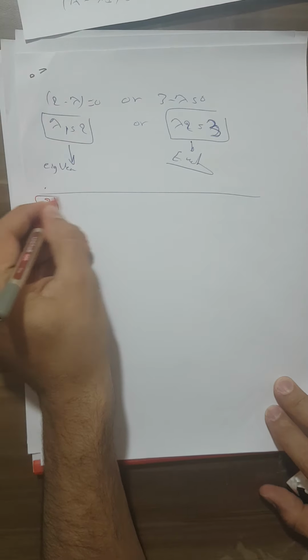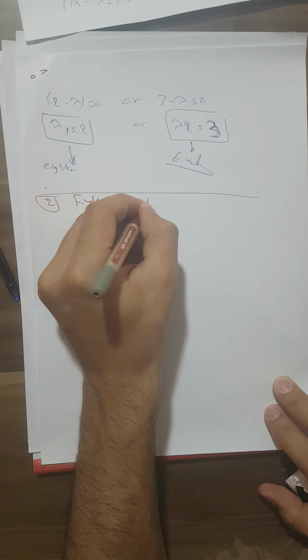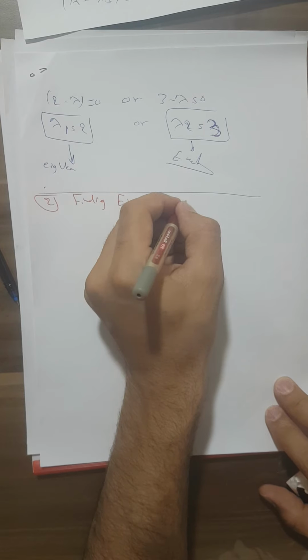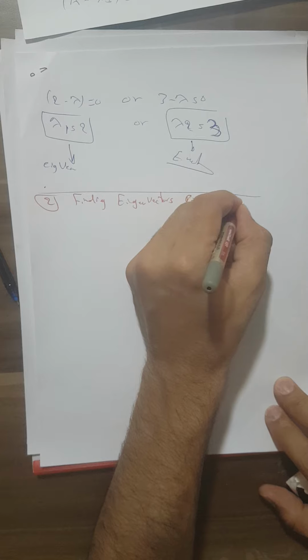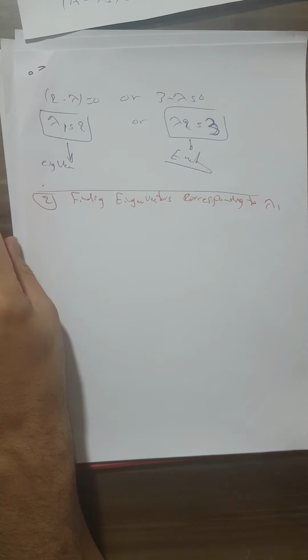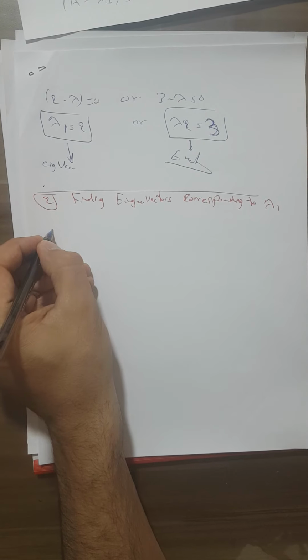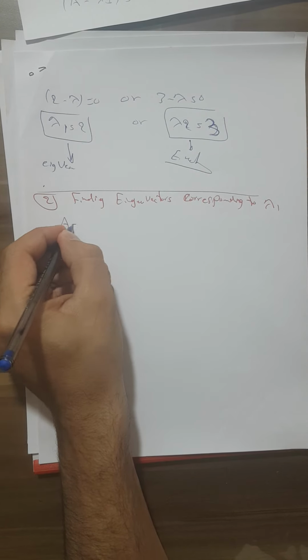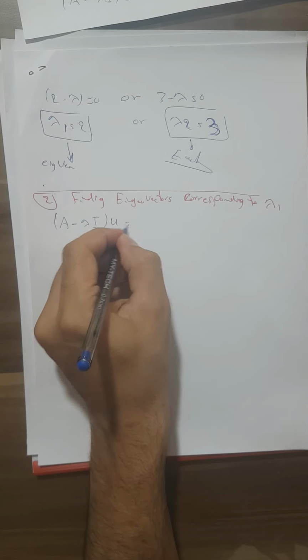The second step is finding the eigenvectors corresponding to lambda 1. Okay, dear? So how do we find this one? As you know, we should use (A minus lambda I) multiplied by u equals 0.